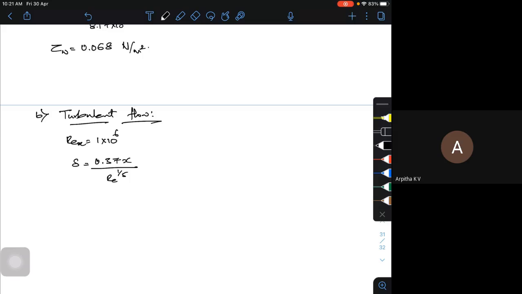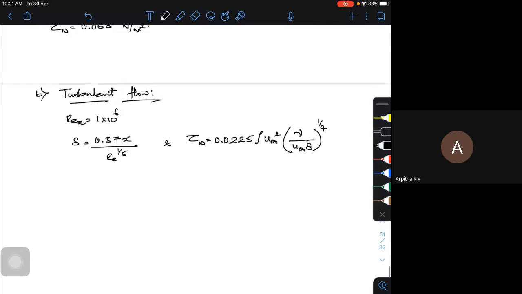Then tau wall, for a turbulent flow, is given by 0.0225 rho u infinity square into nu divided by u infinity delta to the power of 1/4. These are formulas obtained for turbulent flow.